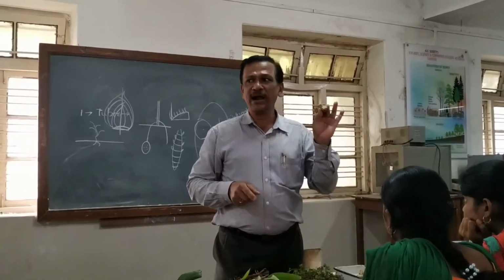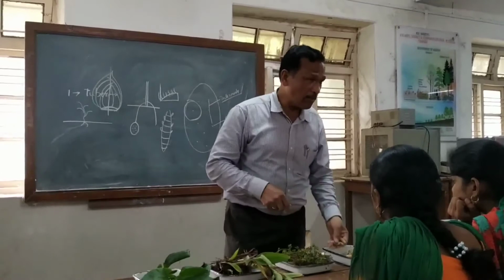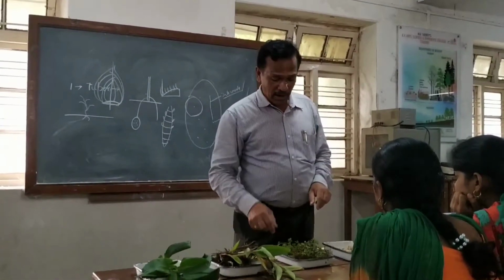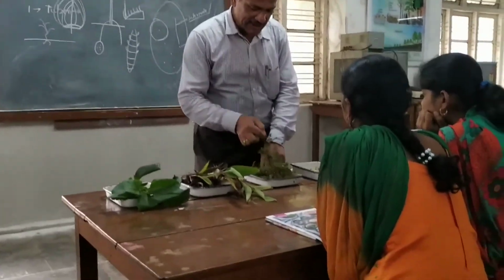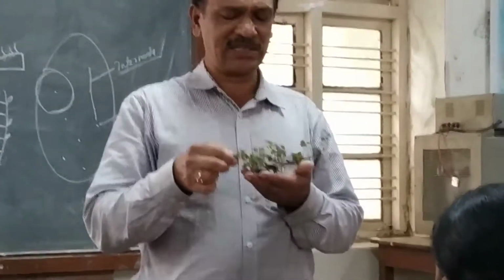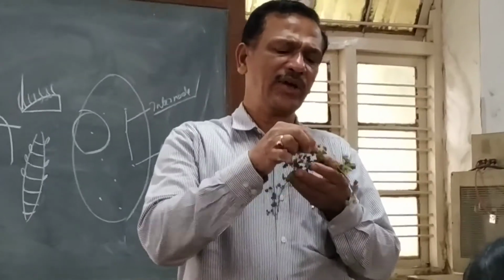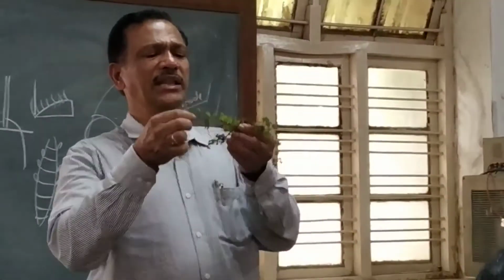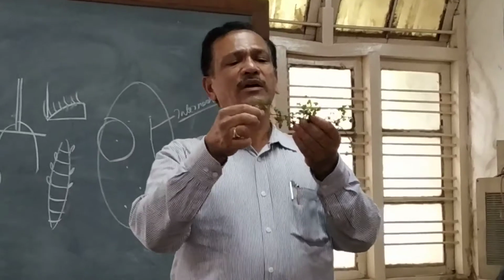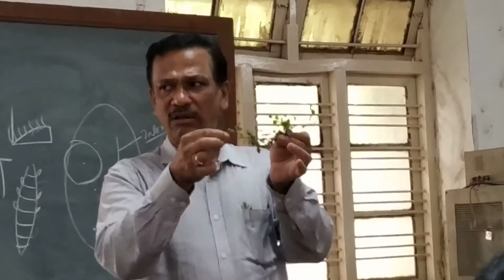This is the third method of vegetative propagation, the natural method of propagation. And the fourth one is the vegetative propagation with the help of a runner. So this is oxalis plant, a family of Oxalidaceae, and you can see here, these are the plants which are growing horizontally on the soil.